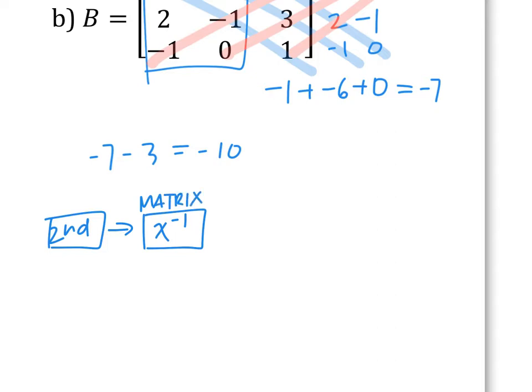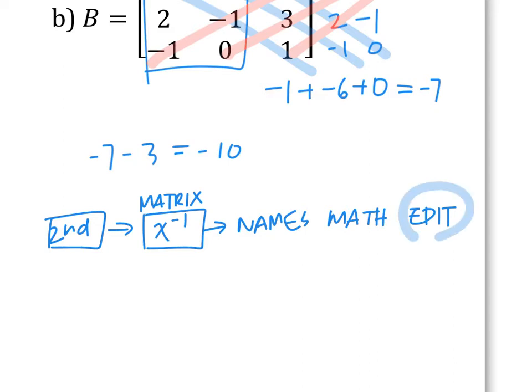Okay, so go to that. And then you're going to see 3 columns. Names, math, and then edit. So what you're going to do first, since you don't have any matrices in there right now, you're going to go to edit so you can create a matrix.